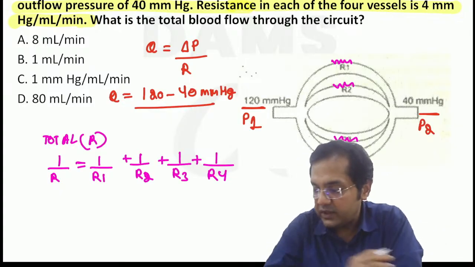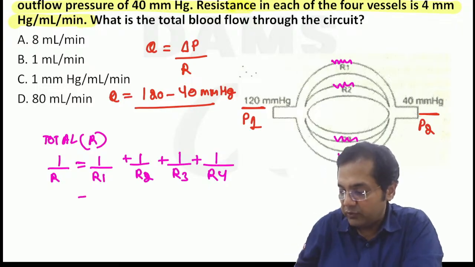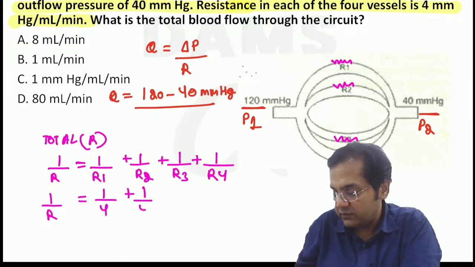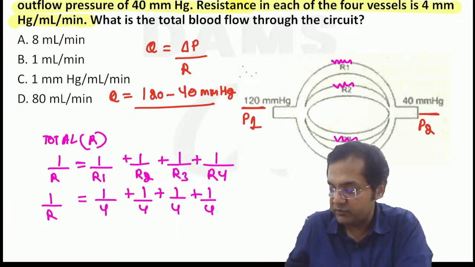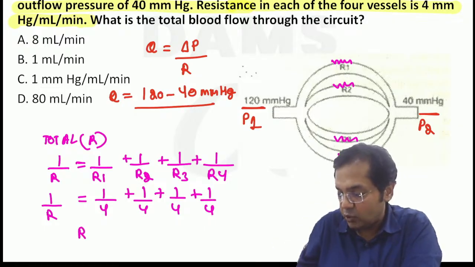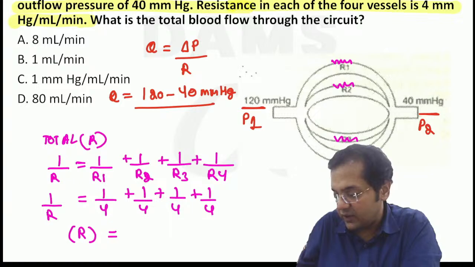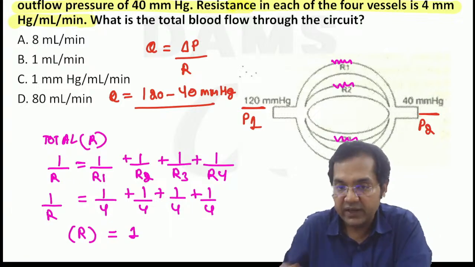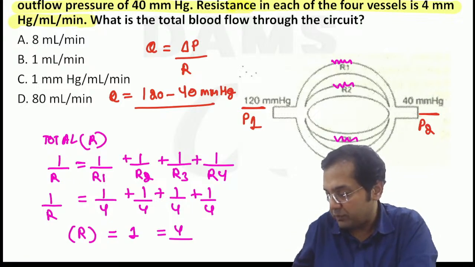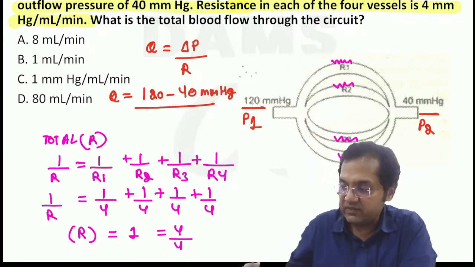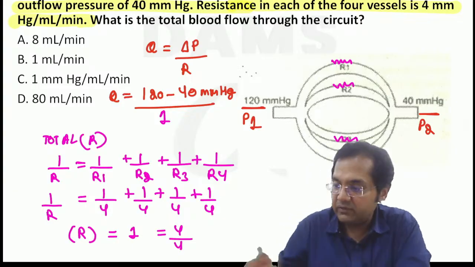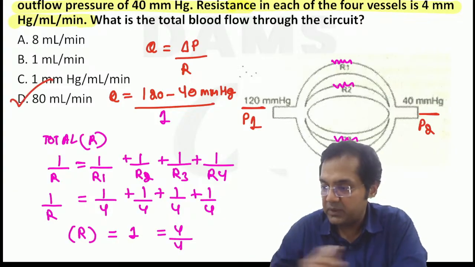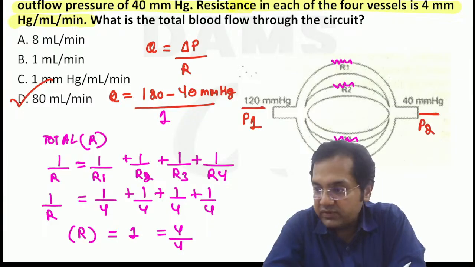So if you see this now, you will realize that 1 by R is equal to, very simple one, just do 1 by 4 times. And I don't think I need to solve this for you. This would give me the total resistance R is equal to 1. Why? Because this would become 4 by 4. Now the resistance is 1. The delta P is 80. So what was the answer? Option number D, right? So, a slightly tricky one.